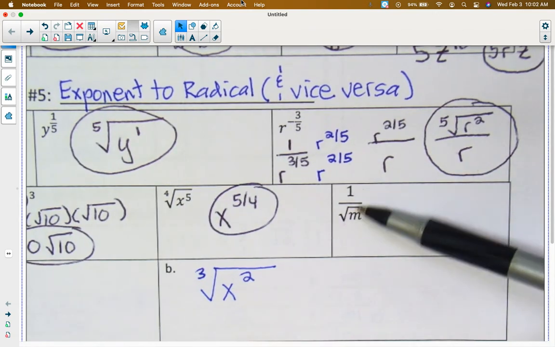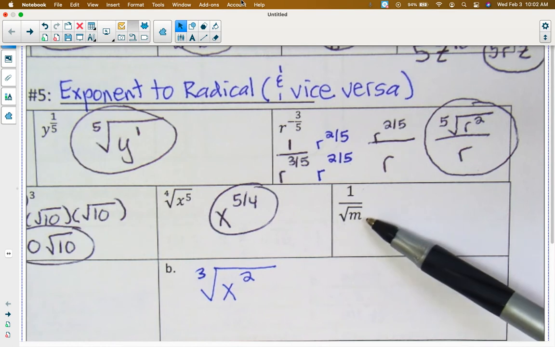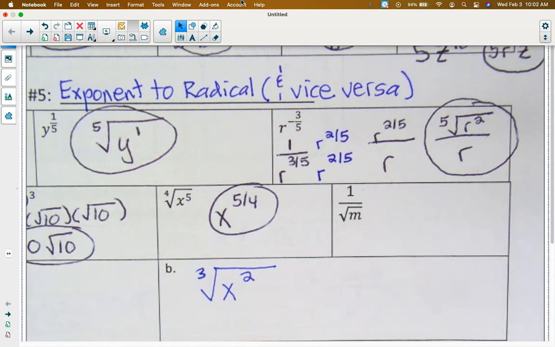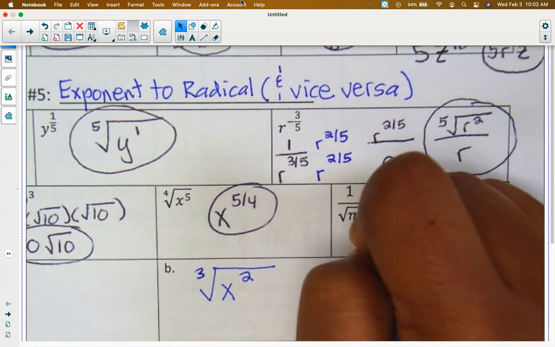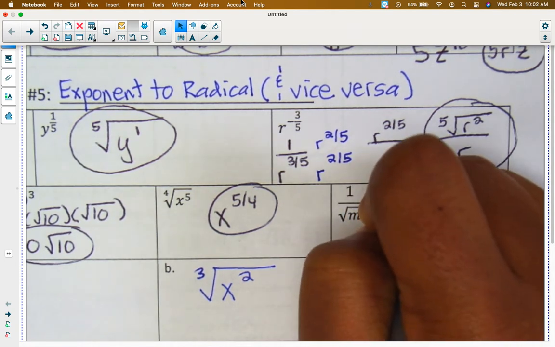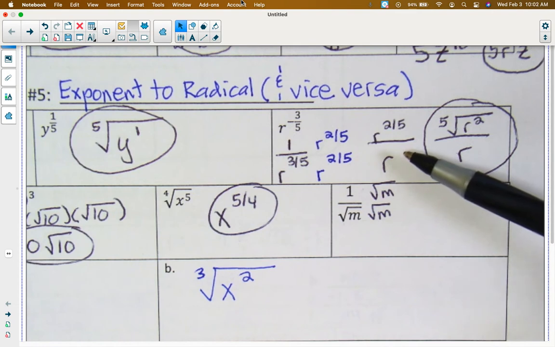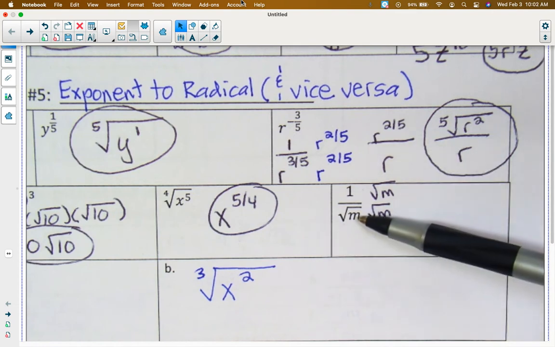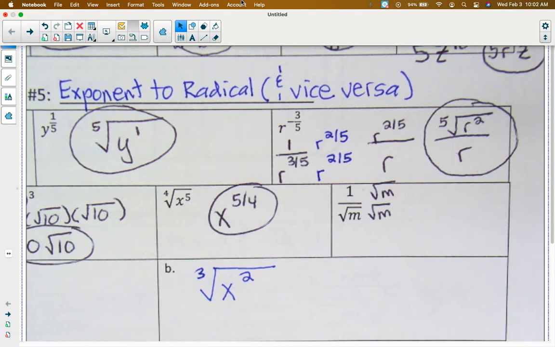All right, I'm going to rewrite this. We can't have a square root in the bottom, so I'm going to multiply both the top and the bottom by the square root of m. This problem is like the one right above it. This is m to the 1/2 power. You cannot have a fractional exponent in the denominator. Let me write that out in a different color.